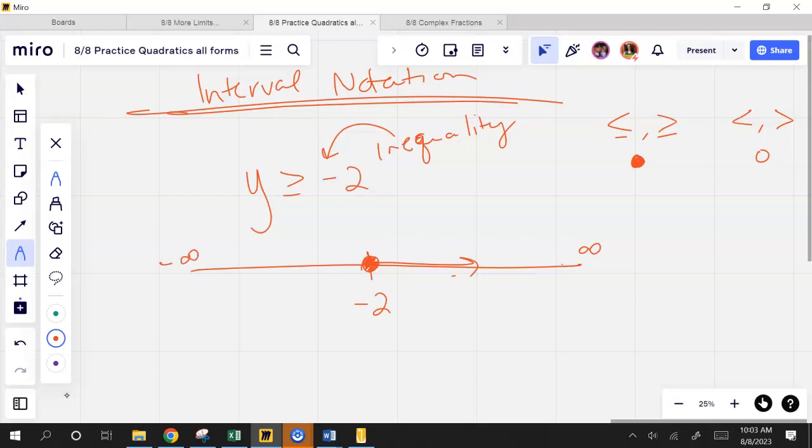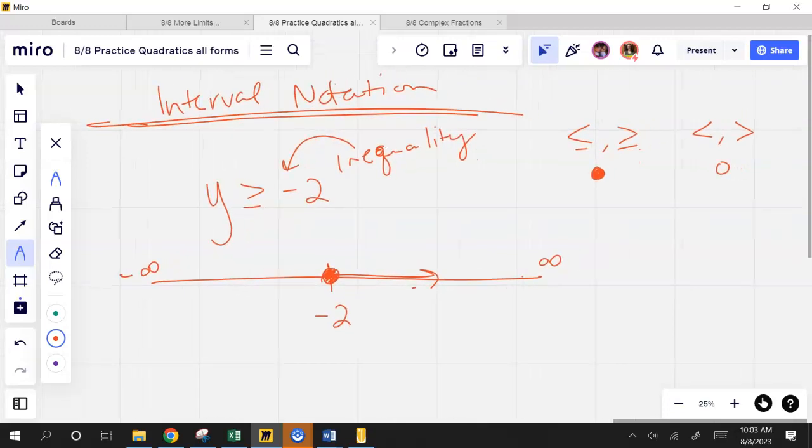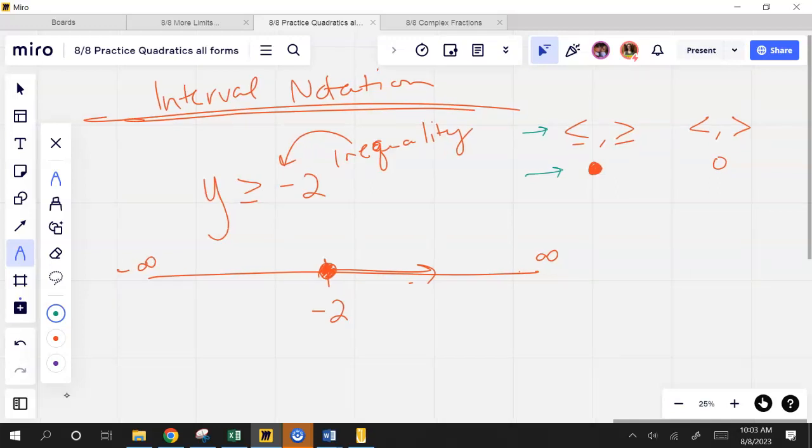Negative infinity. Okay? Now, in interval notation, we don't use the inequality sign or the dots anymore. Instead, we're going to use brackets and parentheses. If there's a line under or the dot is filled in, we're going to use a bracket one way or the other to indicate it includes that value.